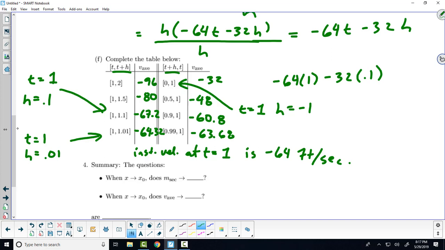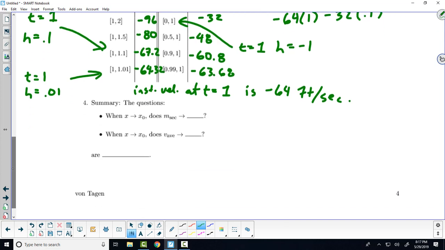Well, let's bring it to a close. Okay. In summary, as the x values approached some fixed x number, we saw that the slope of the secant line approached what? The slope of the tangent line. And forgive me, this is a typo.